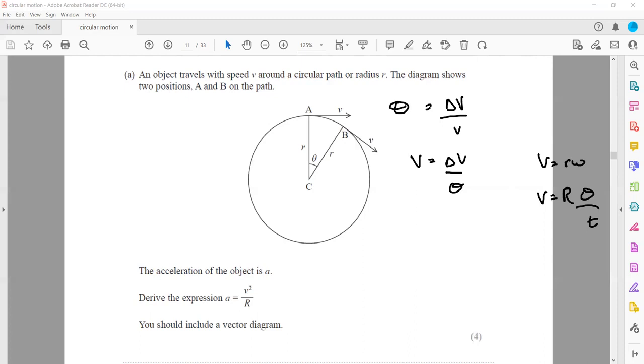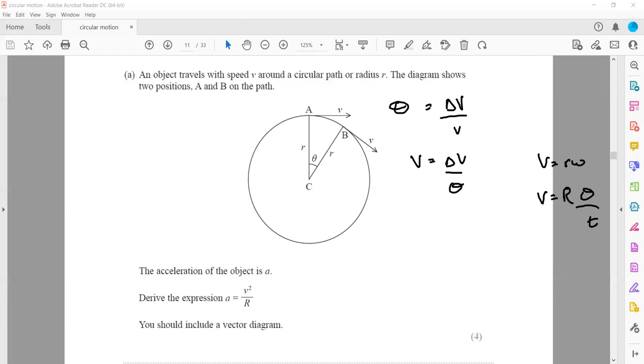Because what we need is the value of theta.